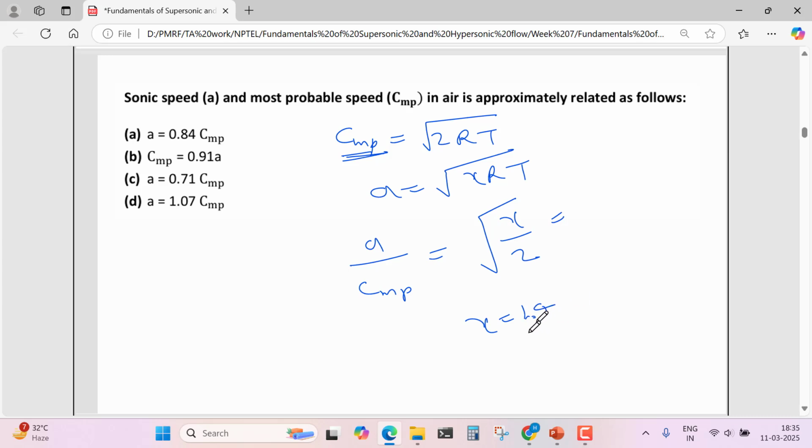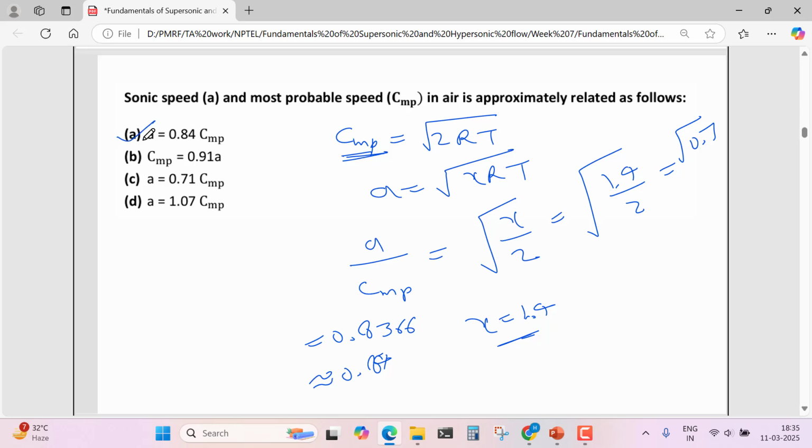If nothing is given, you can take gamma equal to 1.4 for air. So it is 1.4 upon 2, which will be under root 0.7. And the value of under root 0.7 is nothing but 0.8366, which is approximately 0.84. So option A is the correct one.